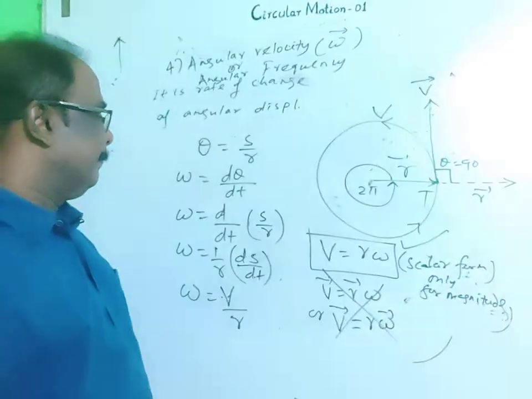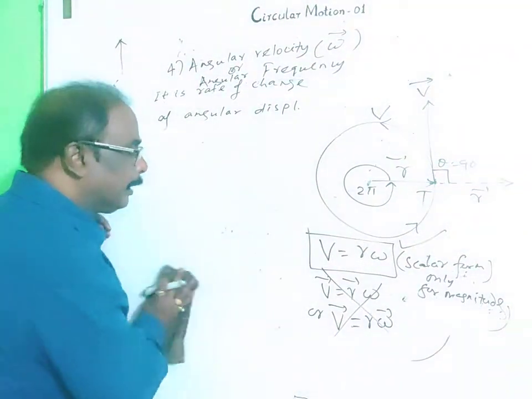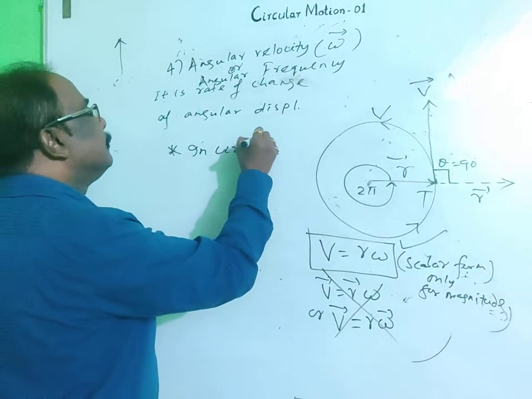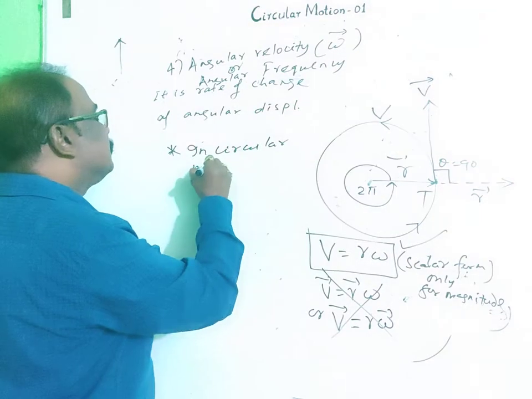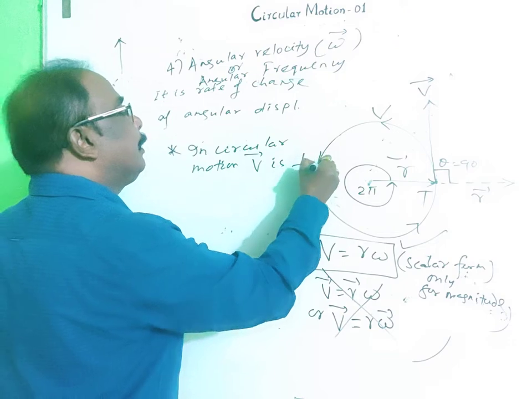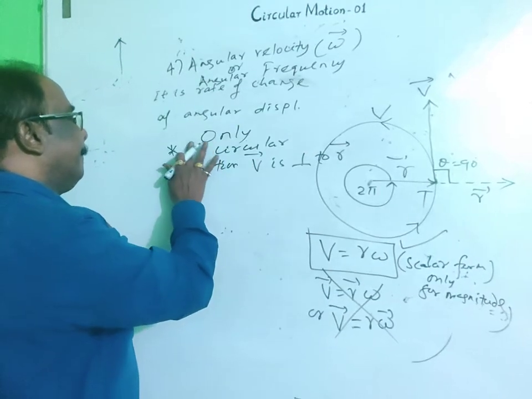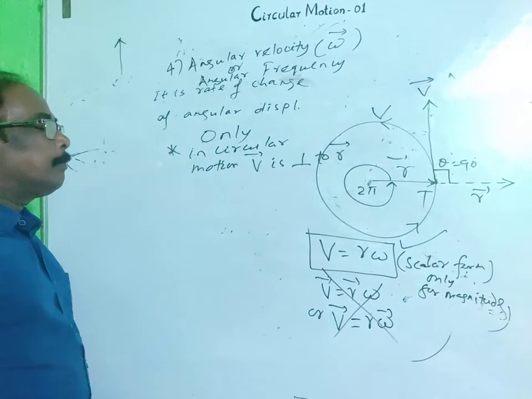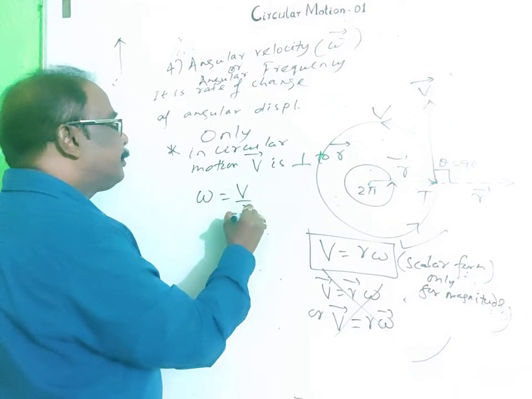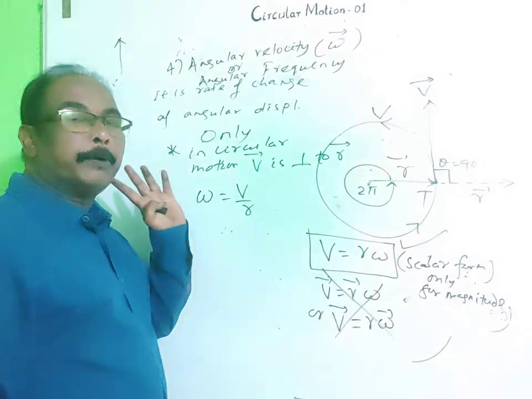Another thing, this is very important to know. In circular motion, v is perpendicular to r only. Only in circular motion v is perpendicular to r. So only in circular motion you may write omega is equal to v by r, or magnitude of angular velocity is equal to v by r.